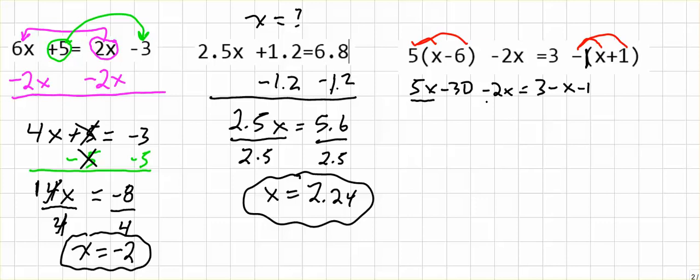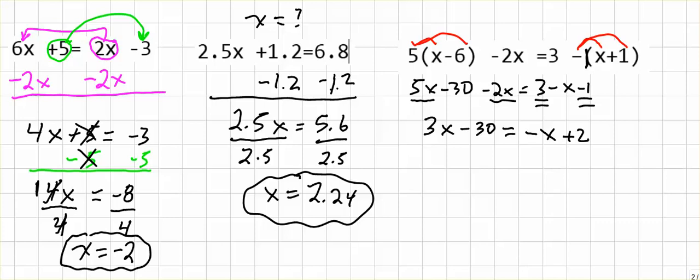I can take this 5x and this minus 2x, and I can come up with 3x, bring down the rest of the material, equals, and I can do the same thing on the right-hand side. I have the 3 and the negative 1, so this becomes a minus x plus 2. Doesn't really matter whether you put the 2 first or the x first. I like to put the x first.